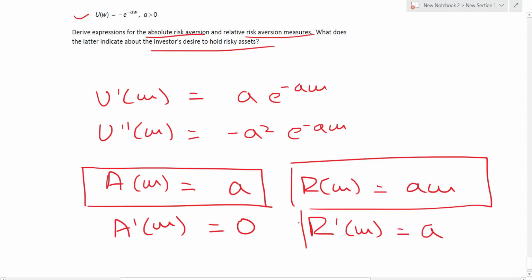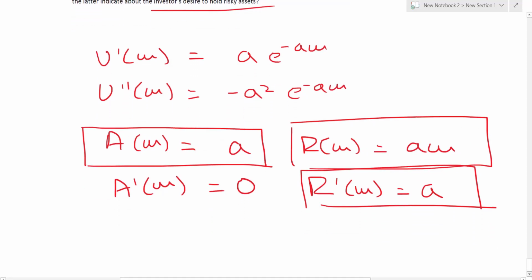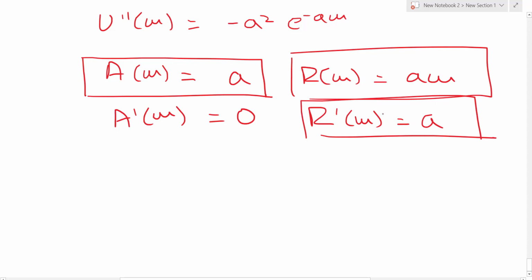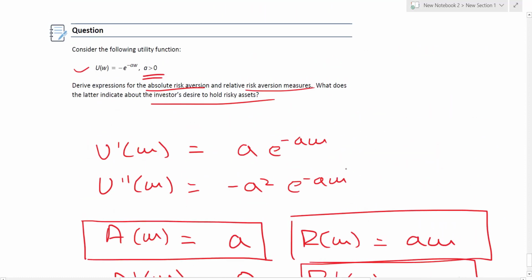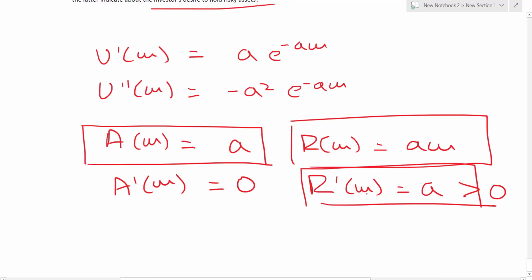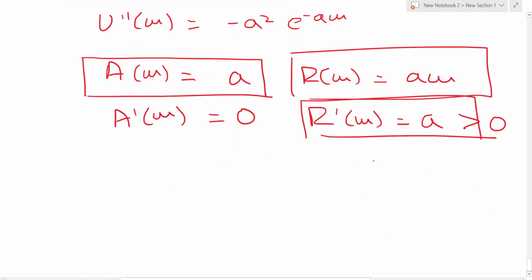A. So what does this mean? First thing, R dash W is greater than 0. It just shows that, because here it's clearly mentioned that A is greater than 0, you have an increasing relative risk aversion. Okay, so as the wealth grows, the relative risk aversion also increases.